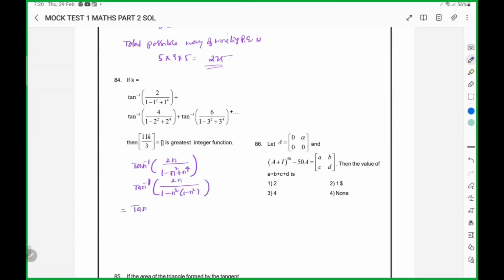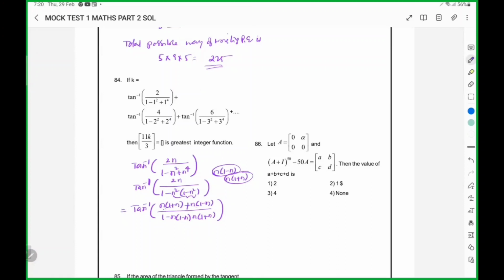Here you write tan inverse n into 1 plus n, into 1 minus n, into 1 plus. Now I'm splitting like this, minus n into 1 minus n. So n gets cancelled here.